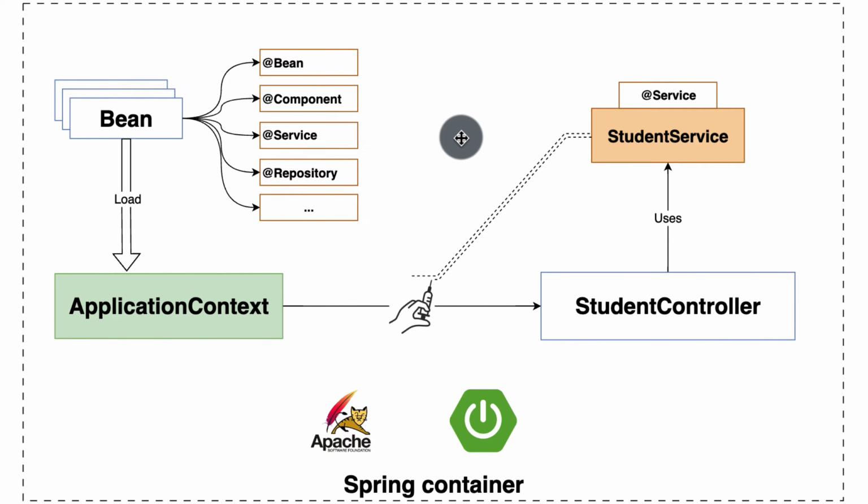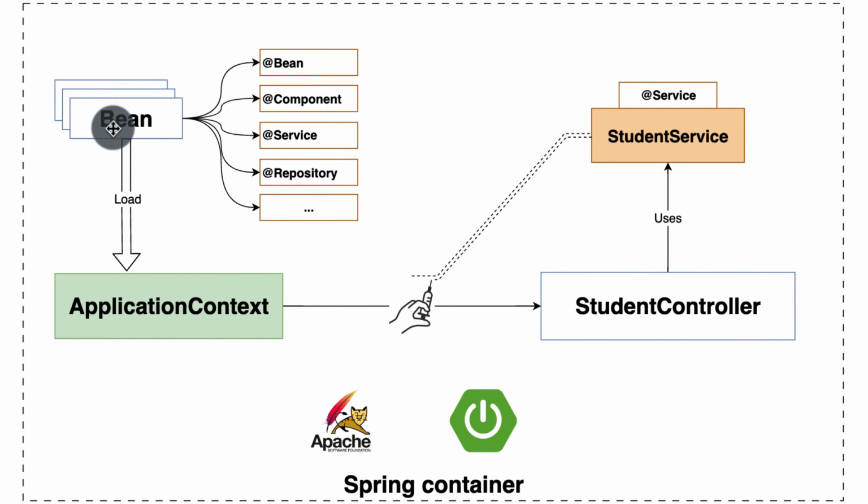Before I show you how to inject a bean with Spring, before going to the code, let me first explain how this dependency injection works. So here we have our Spring container, and at the application startup, when the Spring container starts, first of all, it will start loading all the beans into its context.